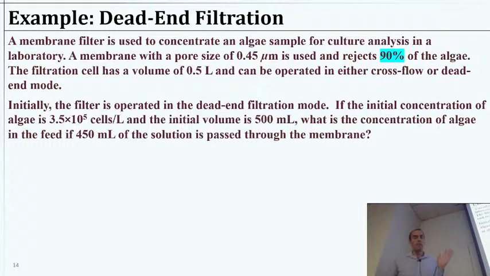Okay, so if we have a membrane filter that's used to concentrate algae for a culture analysis, it is a water treatment-ish type of a system, but here we are concentrating some sample. A membrane with a pore size of 0.45 micrometers is used to reject 90% of the algae. The filtration cell has a volume of half a liter, can be operated either cross-flow or dead-end mode.